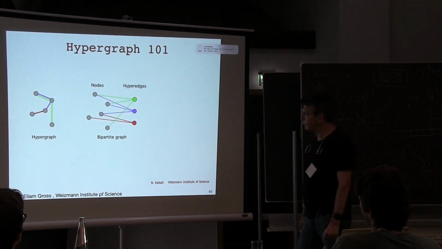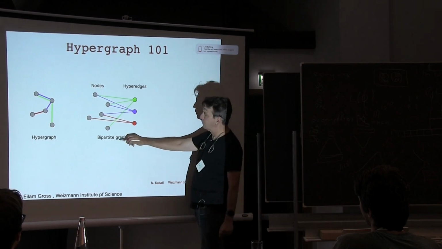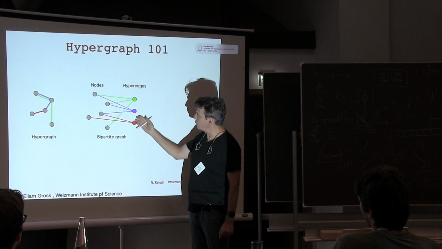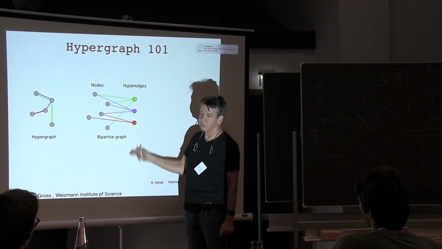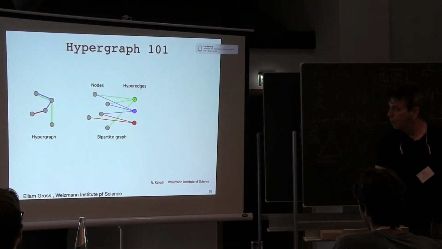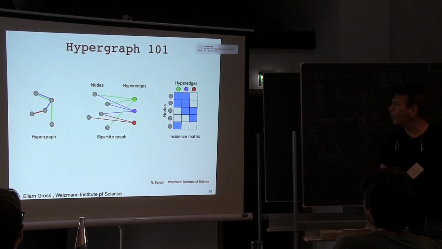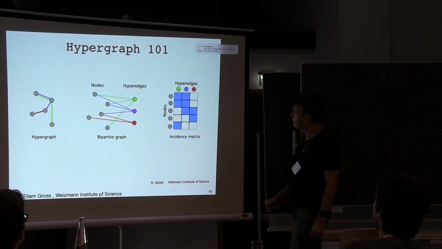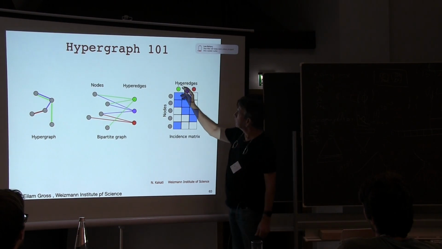This is a bipartite graph in which you see something that reminds you very much of attention division, okay? Or you can look at it as what we call the incidence matrix.